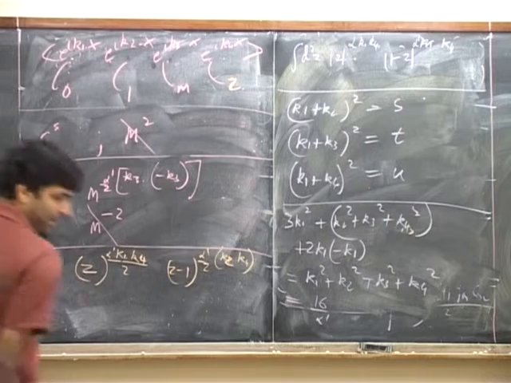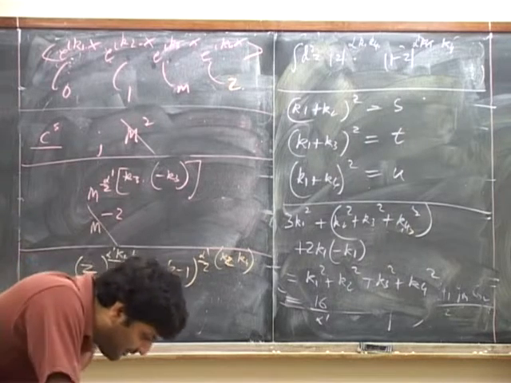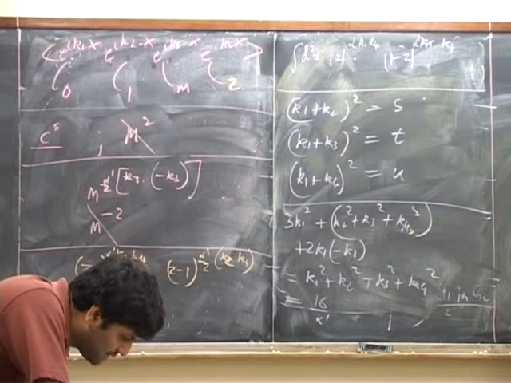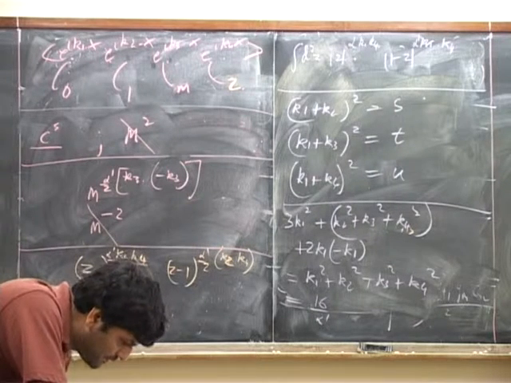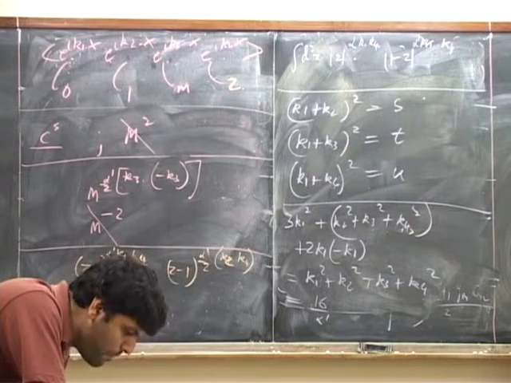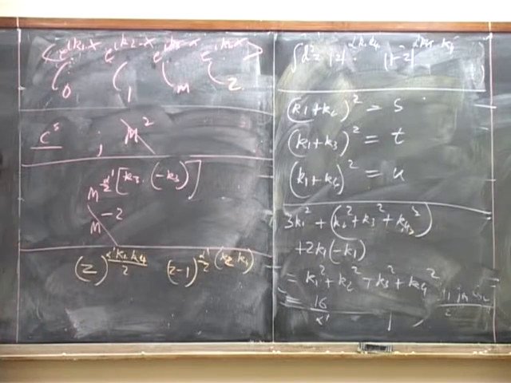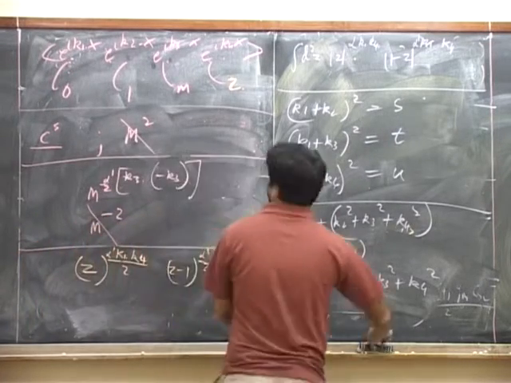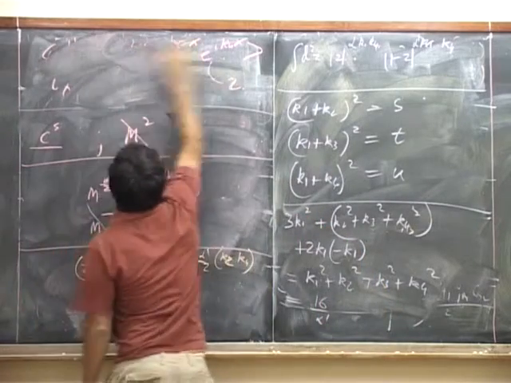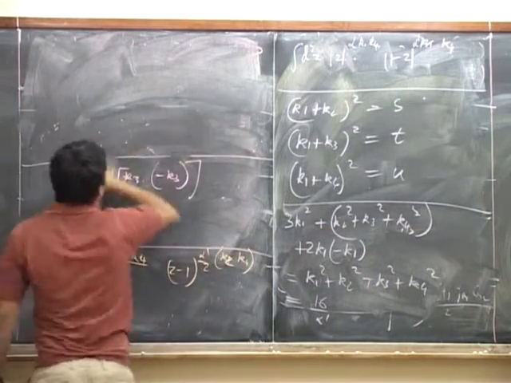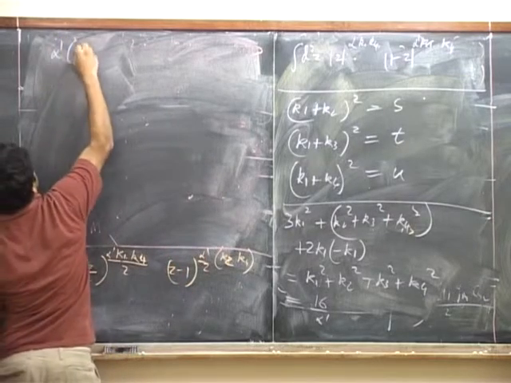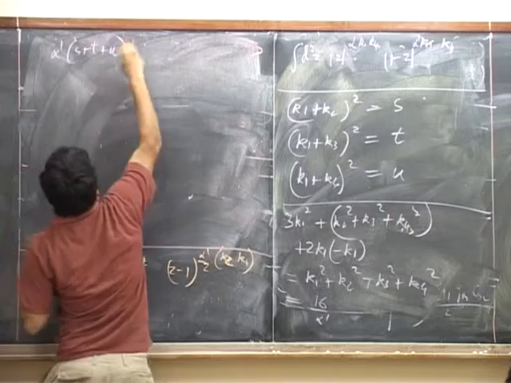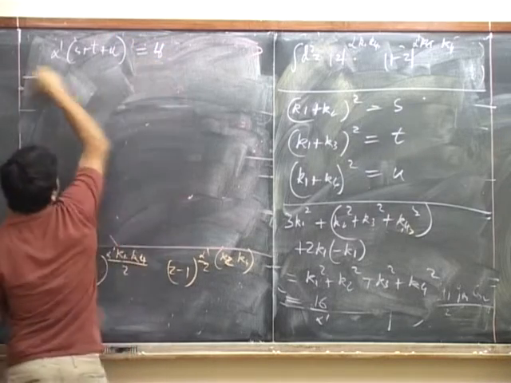Now, I think Polchinski puts an alpha prime in the definition of s. Let me check that. So when Polchinski writes this, the identity is alpha prime into s plus t plus u is equal to 16.